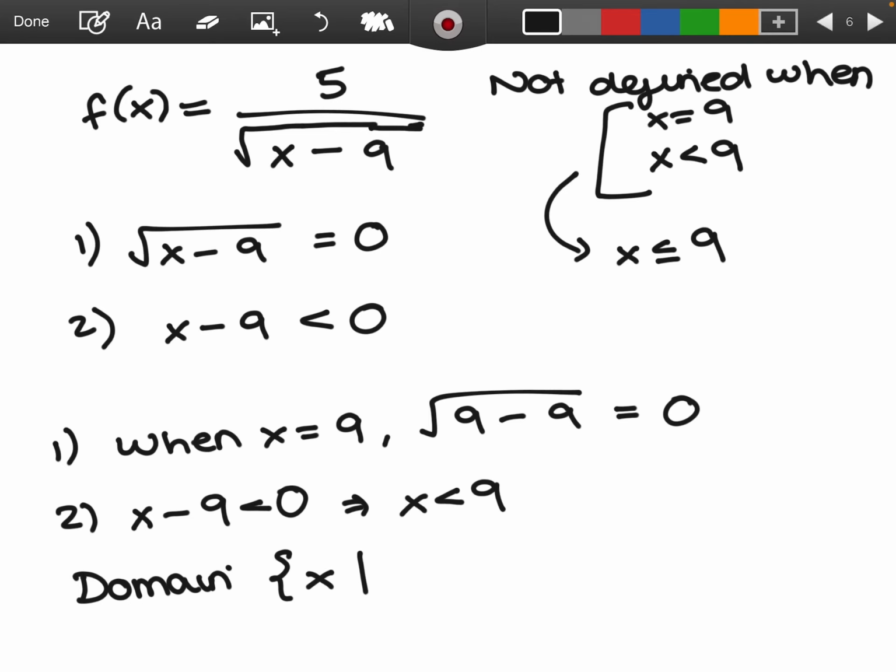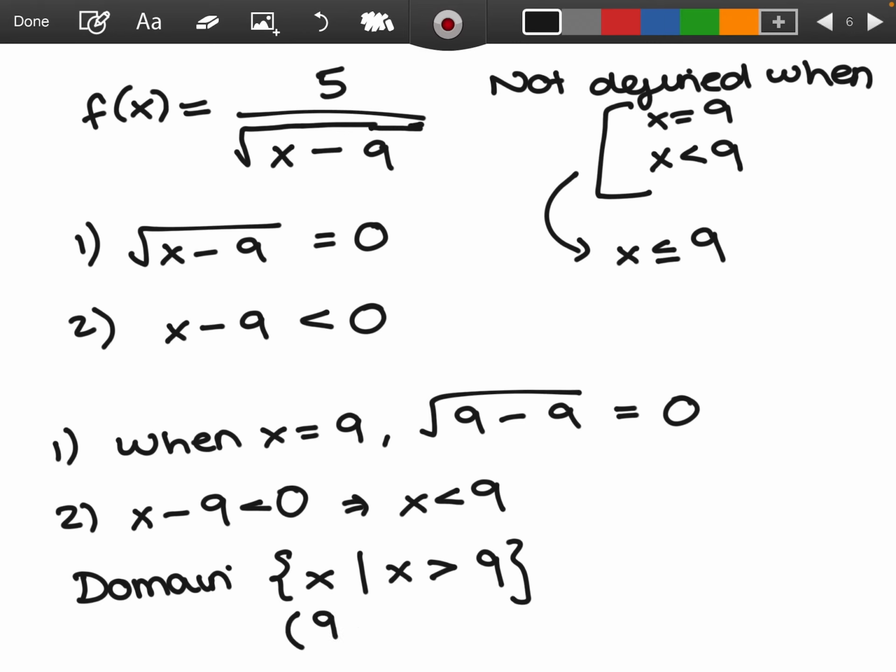So the domain, there are a couple of ways that you can write this. Either it's all x values such that x is strictly greater than 9, because less than or equal to 9 is not defined.